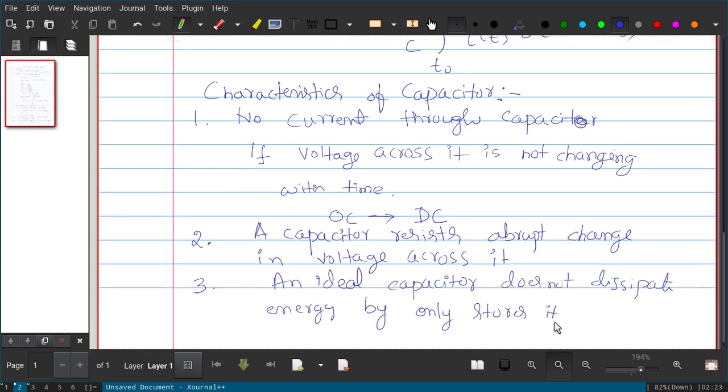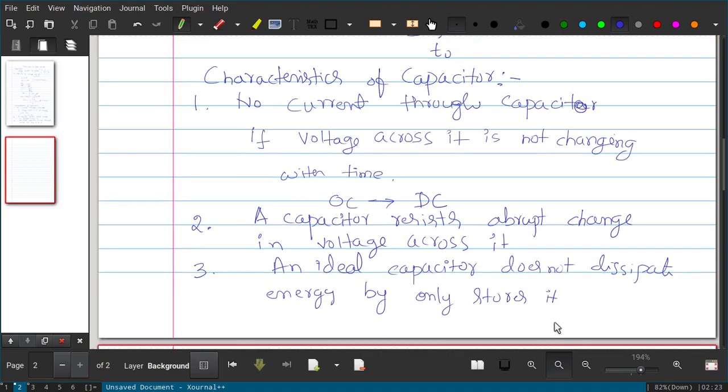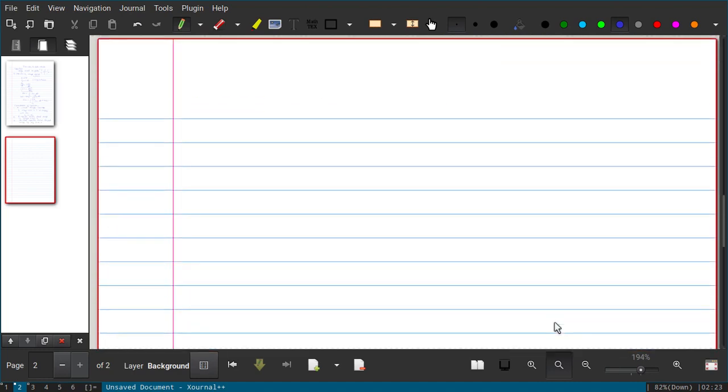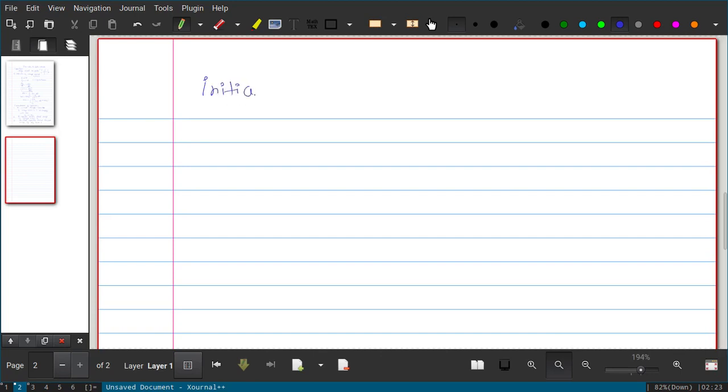Now using this, we will define initial condition with respect to capacitor.